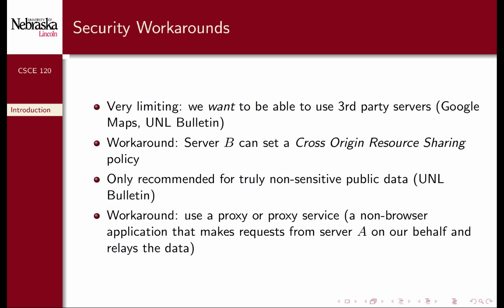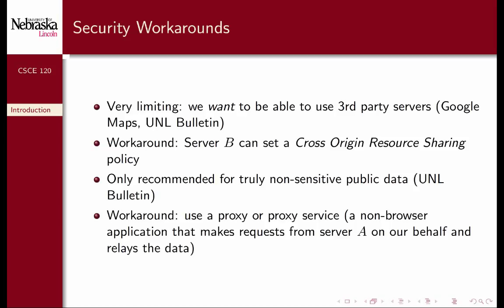Unfortunately, this can be very limiting. We do want to be able to use third-party services such as Google Maps or UNL's Bulletin. The workaround is that server B can set what's called a cross-origin resource sharing or CORS policy. This policy would allow it to accept requests even if they're not from the same origin. They're from a cross-origin. This is only recommended for truly non-sensitive public data, such as UNL's Bulletin.